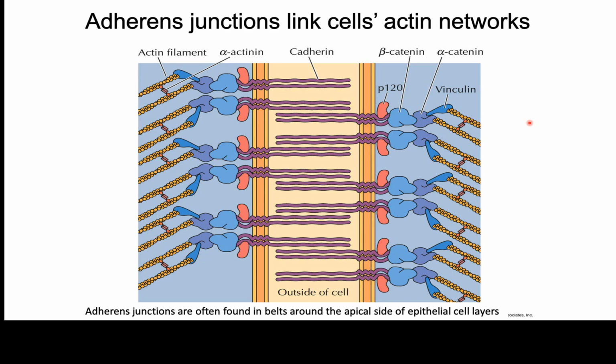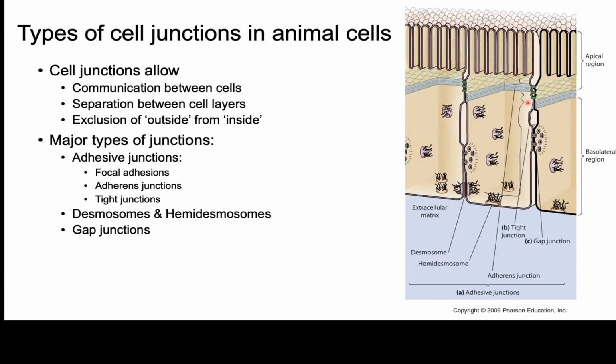So these are really important for tissues that make shapes like sheets, like your skin layers, keep cells really tightly together. When you get blisters, that interrupts these different junctions.